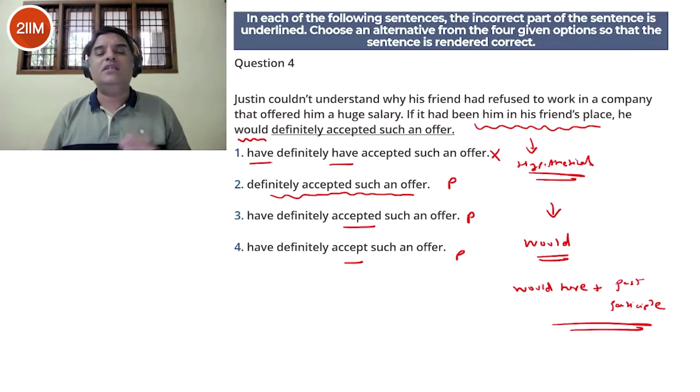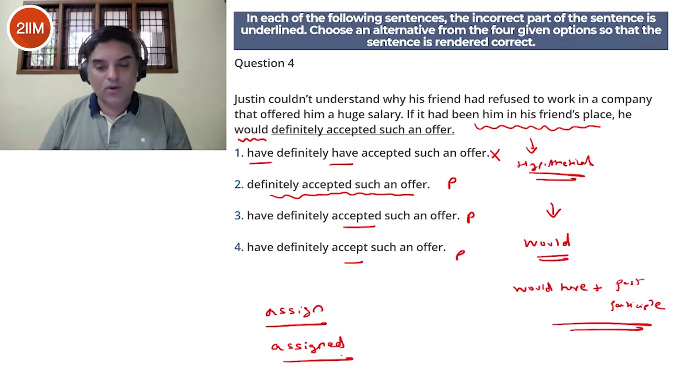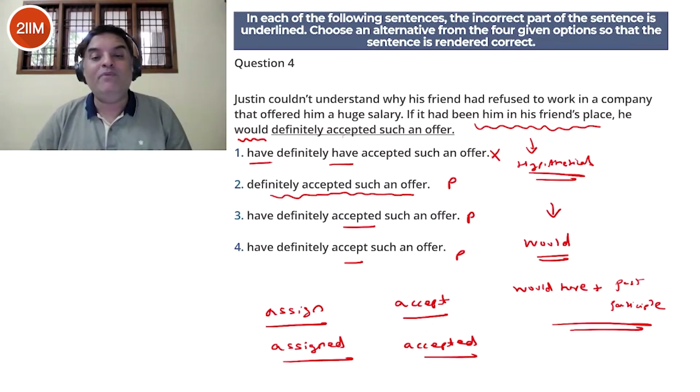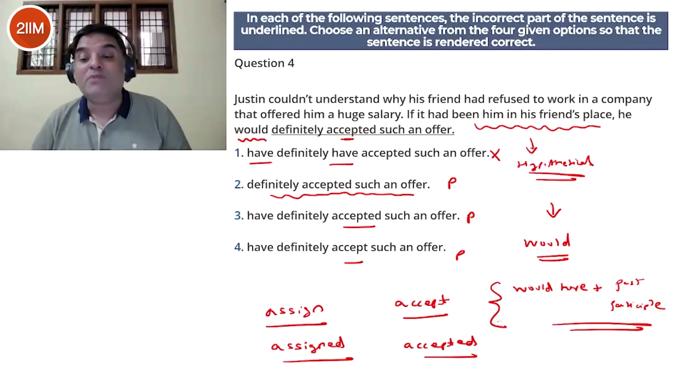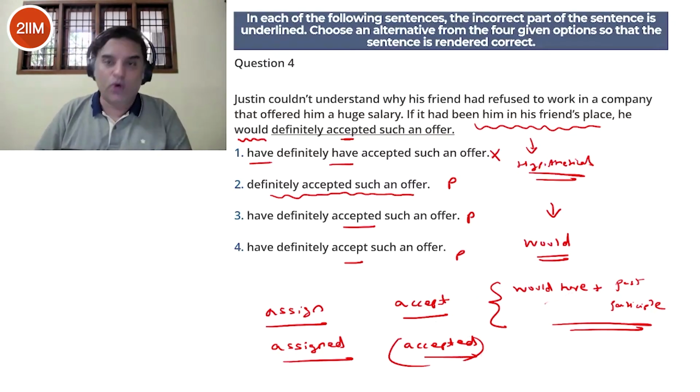For instance, if the verb is assign, the past participle of that is assigned. Similarly, the verb here is accept. The past participle of that would be accepted. That's the base verb, right? So it should be would have plus past participle. That means it should be accepted. And the have is essential because we're using would.